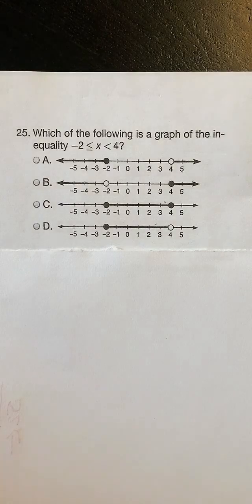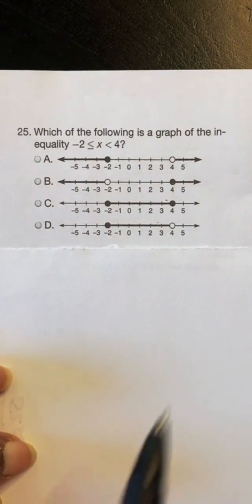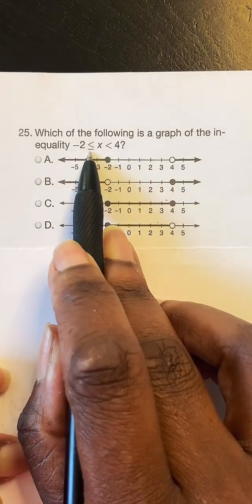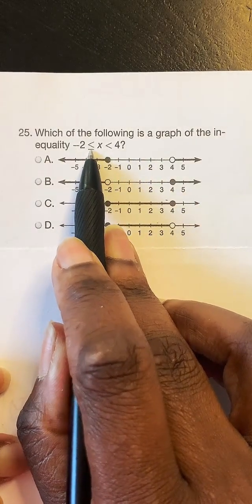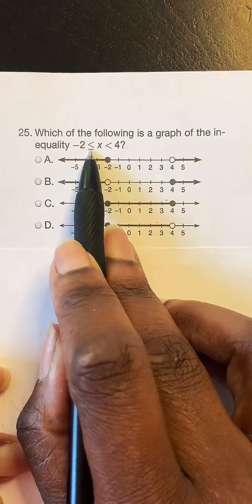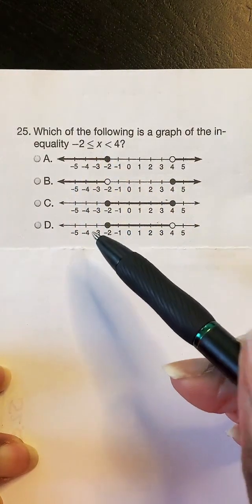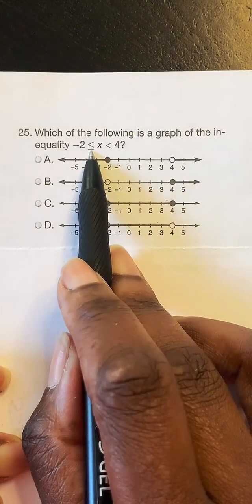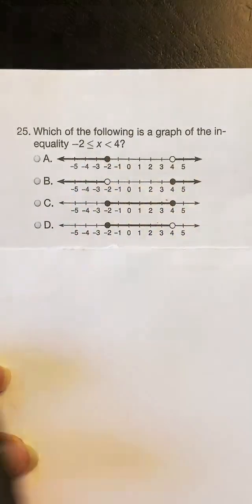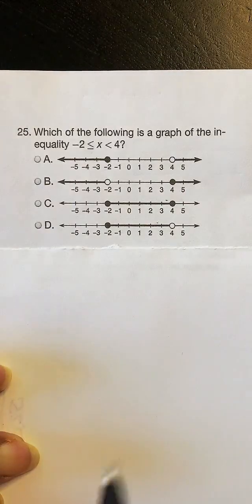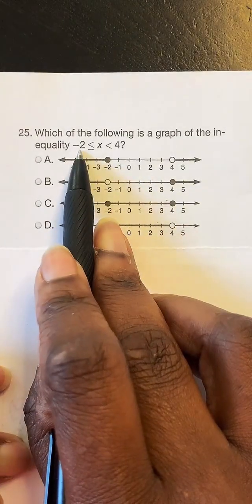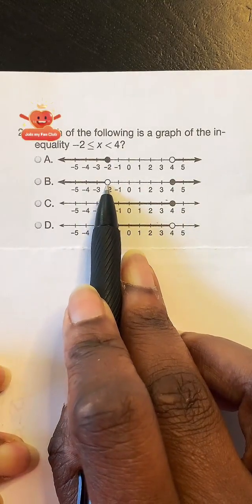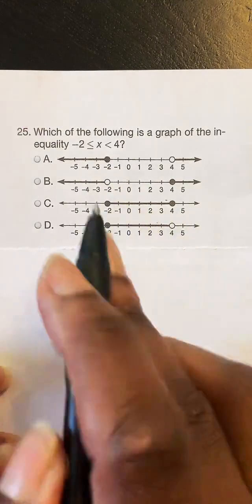Now, let's take a look. First off, taking a look at our inequalities. When you have the line underneath your inequality, that means equal to. I love when people say, oh, it's less than, greater than. No. This means less than or equal to. So if it's equal to, it's including that point that's in front, which is my -2. So if you look at B, it's an open circle, so it's not including -2.